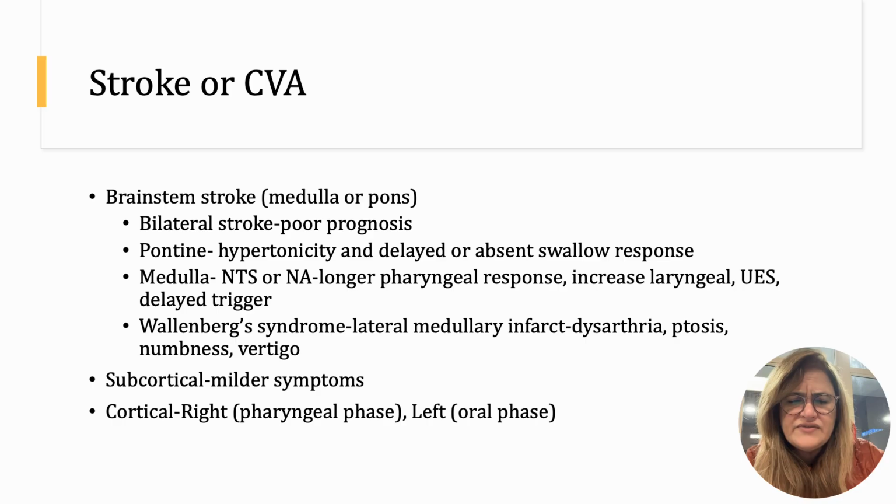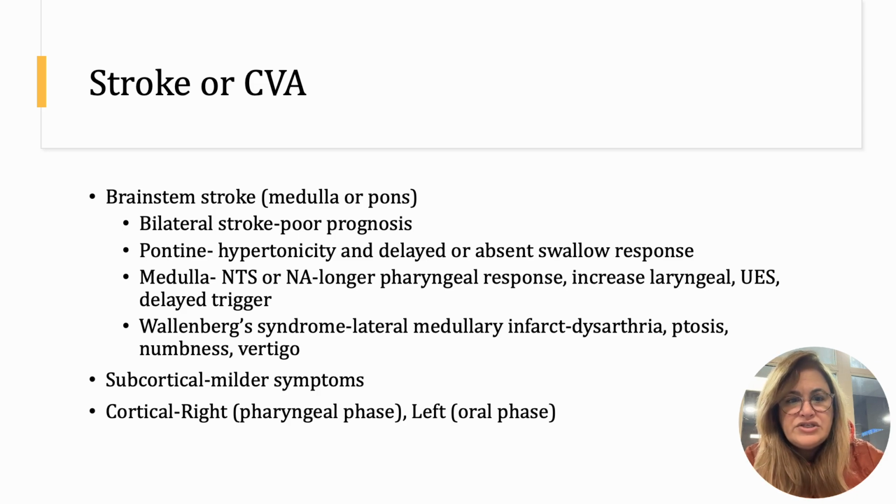Some of the things that we have looked at in terms of strokes, depending on where the area of the brain was affected, you should be thinking about the language, the cognitive, or the motor and sensory components. And if we think about motor and sensory related to swallowing, you need to know your cranial nerves and the areas in the brainstem, like pons and medulla, that will be affected.